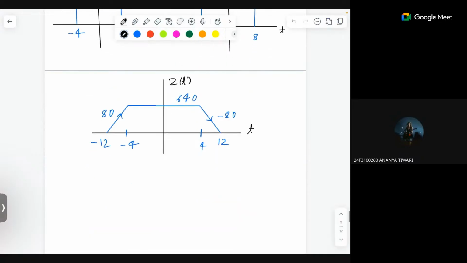All right. So now the next part was you have to determine the number of discontinuities in Z of t. So Rohit, tell me how many discontinuities are there in Z of t?